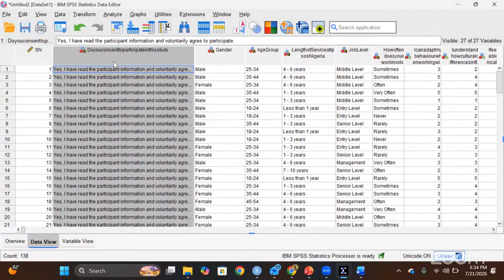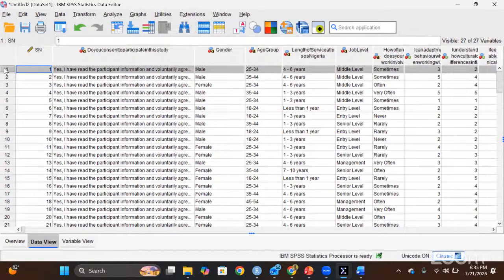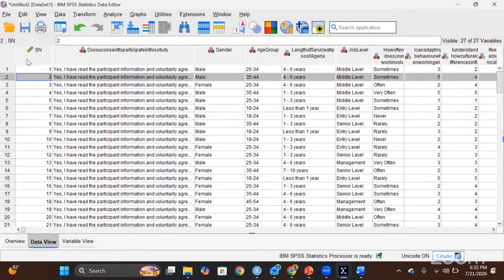So what does each column mean? We said each row represents a data point. Row is data point. What of column?